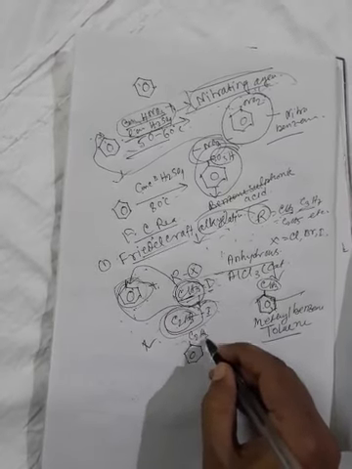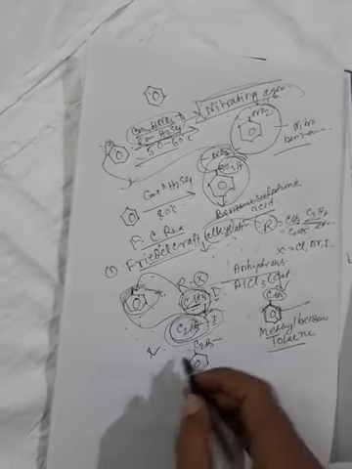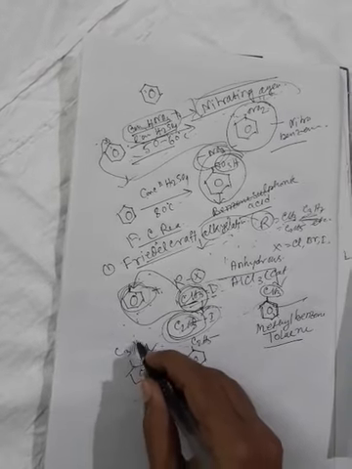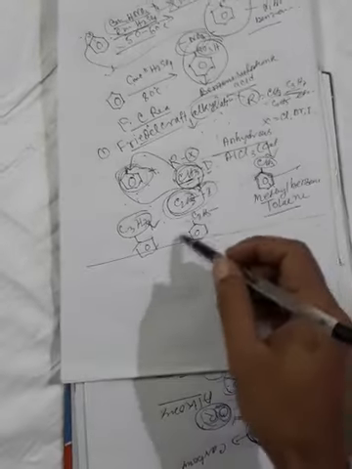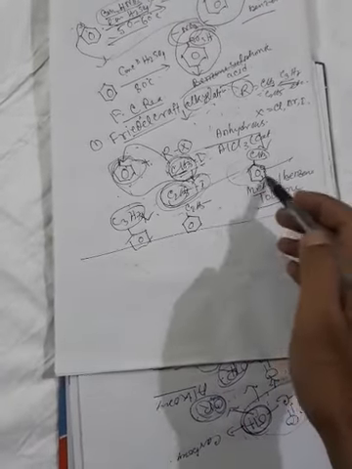If C3H7 is taken, we get propyl benzene. This is Friedel-Crafts alkylation. Alkylation means the alkyl group enters the benzene ring.